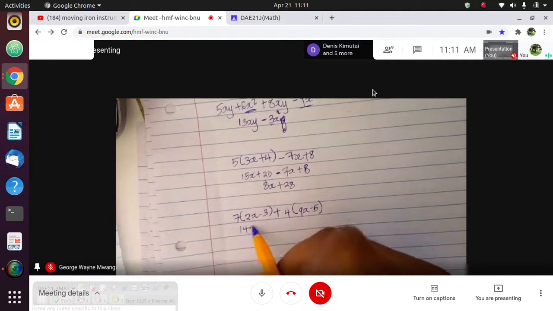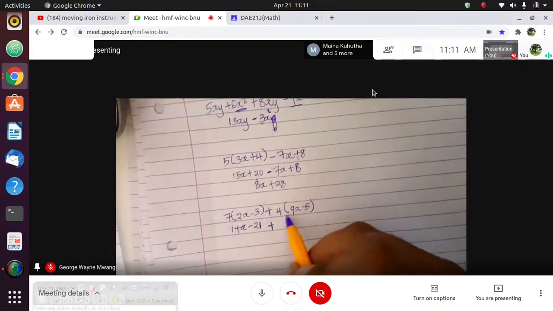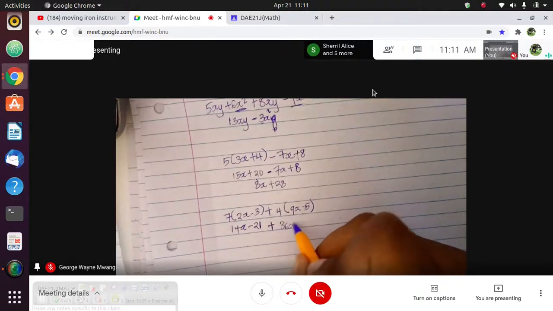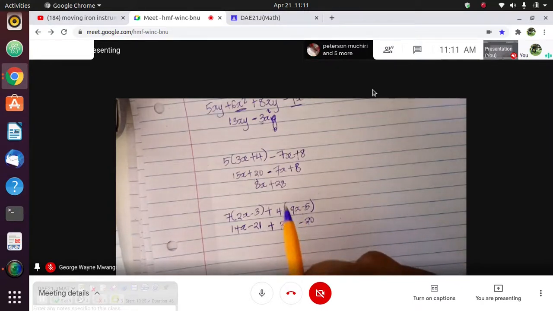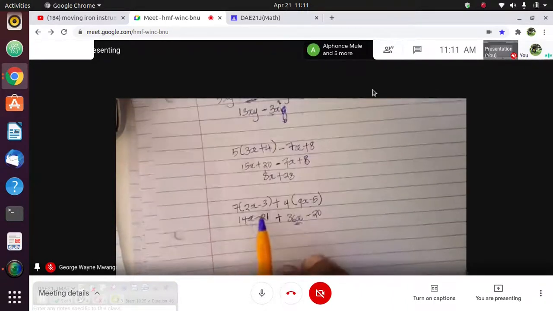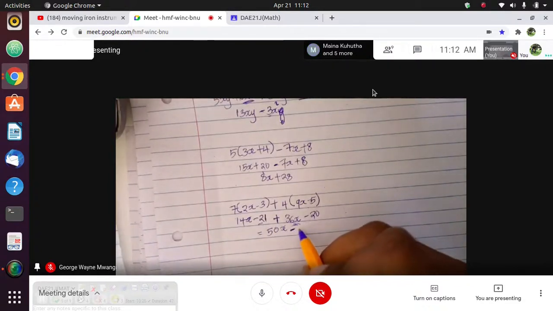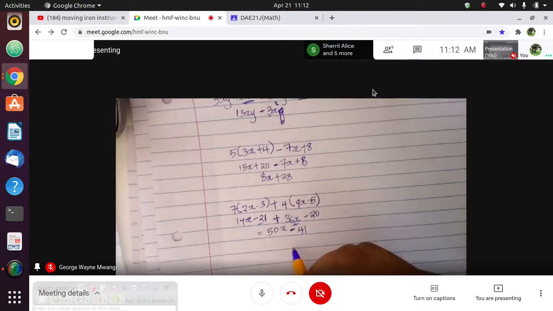Tutakuwa na 14x minus 21 plus, let's open this bracket, plus 36x minus 20. Sawa. Now let us group the like terms together. The values with the variable x. So 14x plus 36x unapata ngapi? 50x. And the constants minus 21 minus 20 unapata? Minus 41. Sawa sawa.